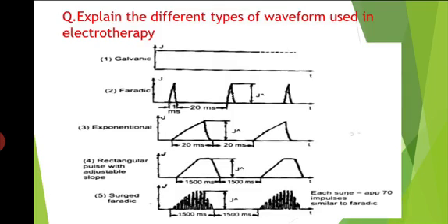Now we will see the different types of waveforms used in electrotherapy. The first one is the galvanic current, shown here. When a steady flow of direct current is passed through a tissue, its effect is primarily chemical.